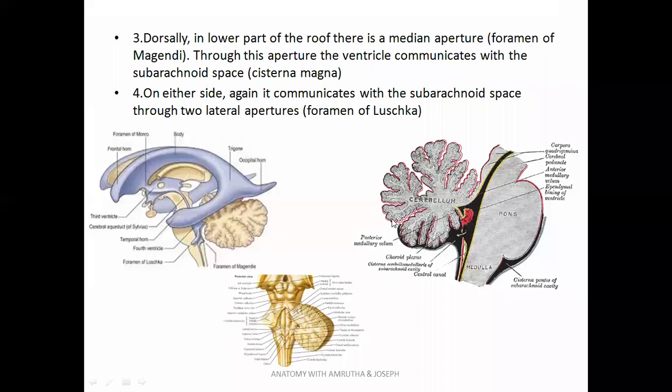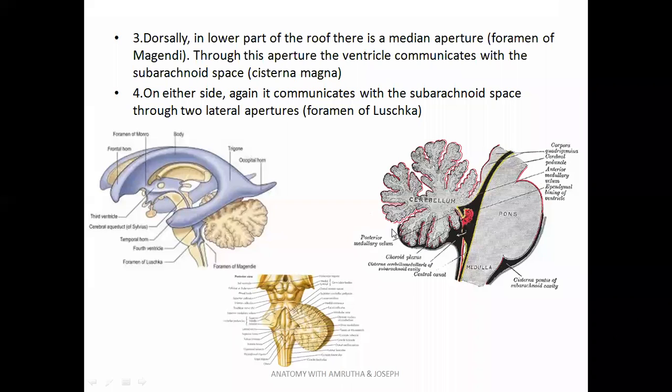Now, let me tell you this. Here you can see the section, the cerebellum, and in this area, this structure shown here is the arachnoid mater. This black line is the arachnoid mater.